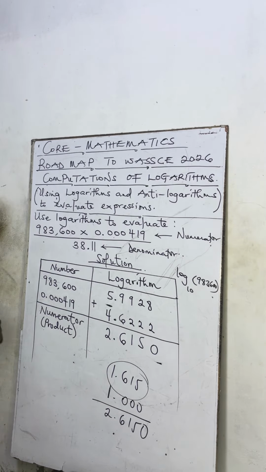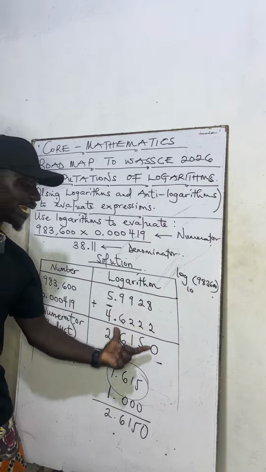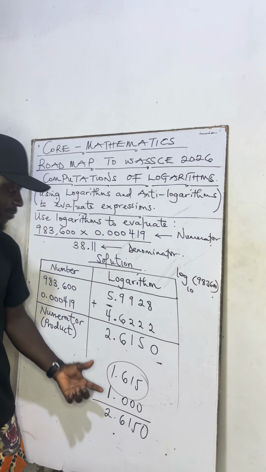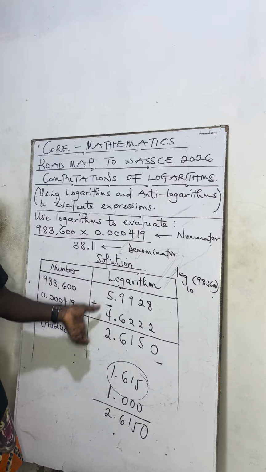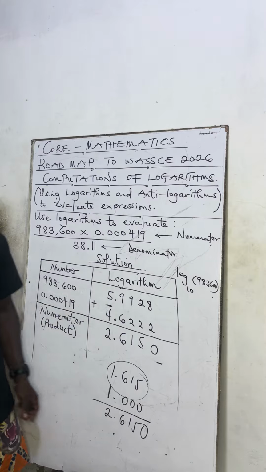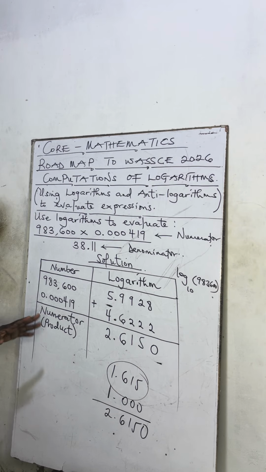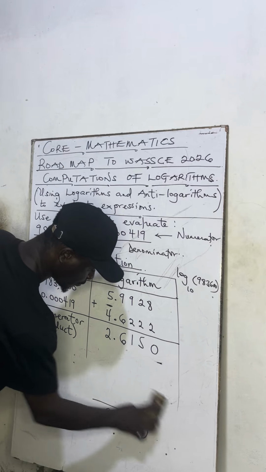So better still, you can use the calculator for only the mantissa, which is the decimal part. When you are done, then you come and work the characteristic alongside with that. Then you get your answer. So it's very simple. Anything is very simple.